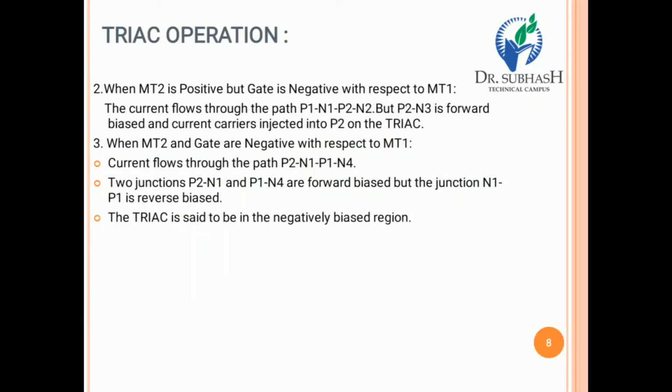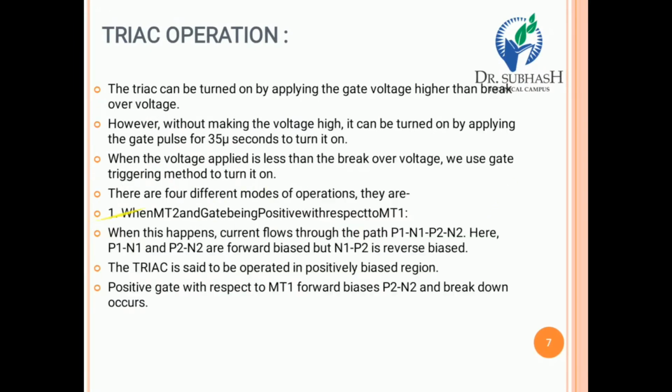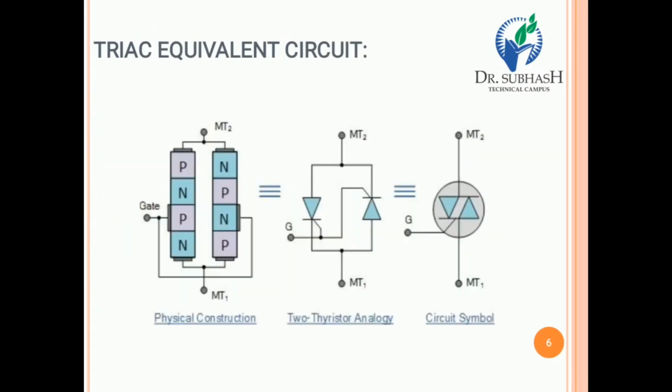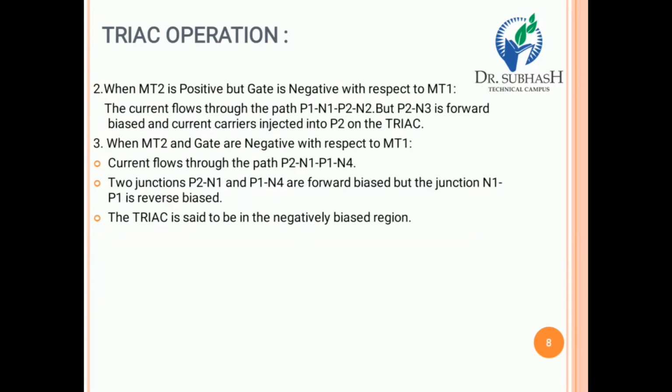So the two junctions, P2-N1 and P1-N4, are forward biased, but the junction P1-P2 is reverse biased, right? The triac is said to be in the negatively biased region.